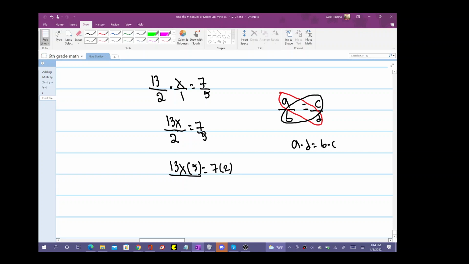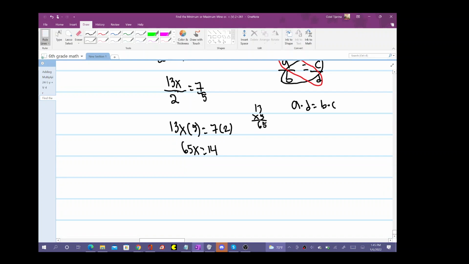So 13 times 5, that's 65, right? So we have 65x equals 14.